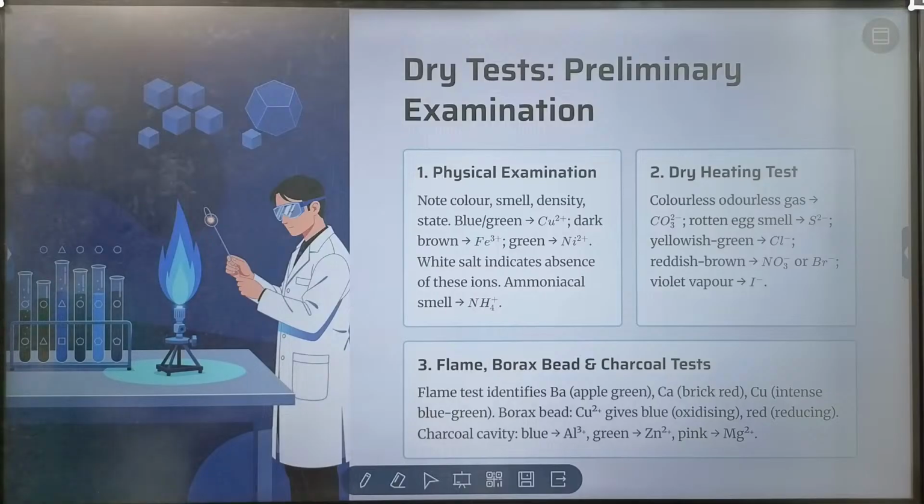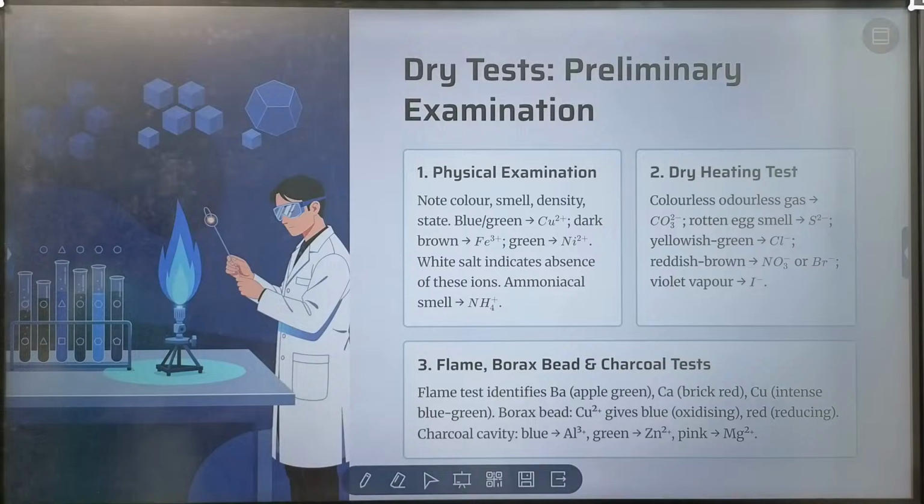You have to directly introduce the flame into it. So what will happen? The metal reacts with the sodium carbonate and gets converted into metal carbonate. And you are strongly heating that in the direct flame. So the metal carbonate gets converted into the metal oxide, and it will give out carbon dioxide also.